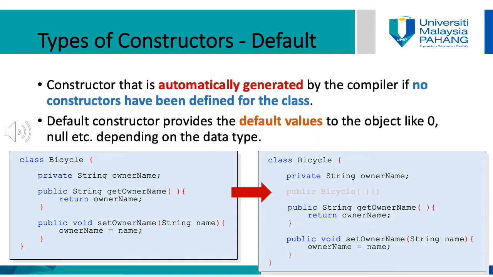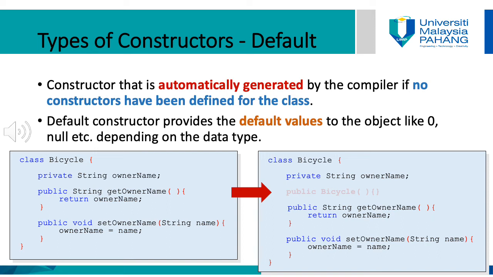You simply define the class name and the modifiers, public string, private string owner name, public string get owner name, and then public void set owner name.